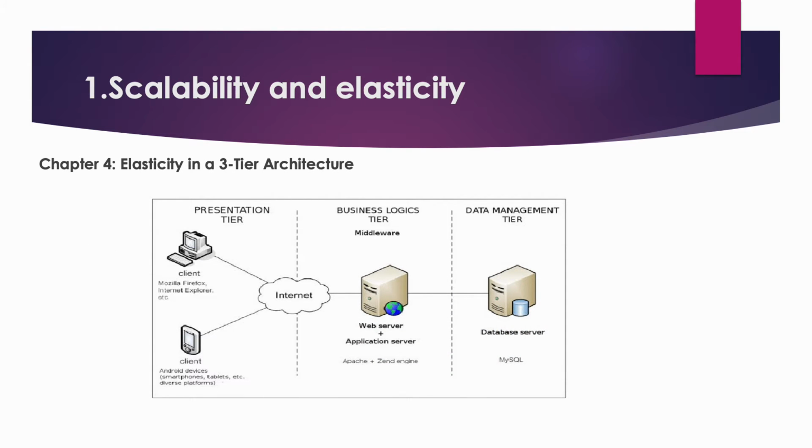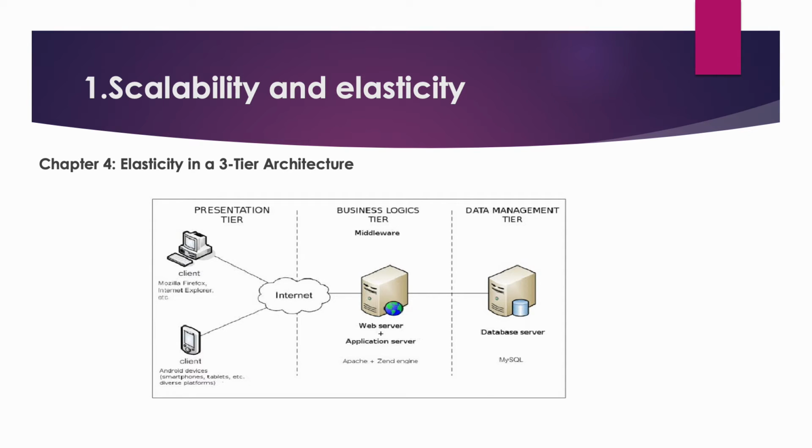Elasticity in three-tier architecture. In a typical three-tier architecture, you have a load balancer at the front, followed by web servers, application servers, and database. Elasticity is achieved using auto-scaling. For example, when traffic increases, the load balancer distributes requests across multiple web servers, and auto-scaling adds more and removes servers based on demand. If CPU utilization exceeds a certain threshold, say 50% or 60%, the system can automatically provision additional instances.